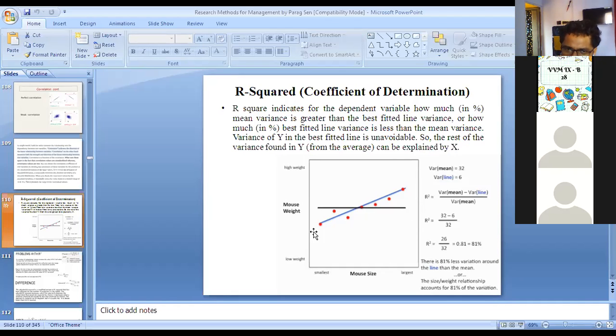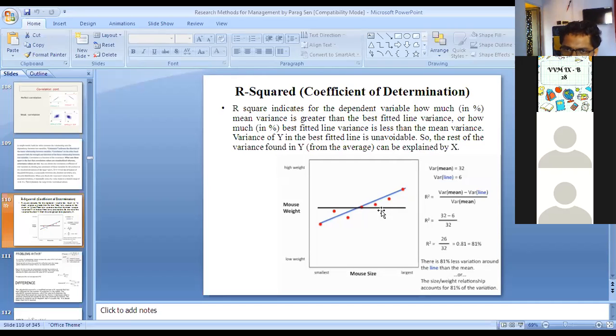But when you are considering this best fitted line, you are having only the uncommon variances, the common variances are not there.